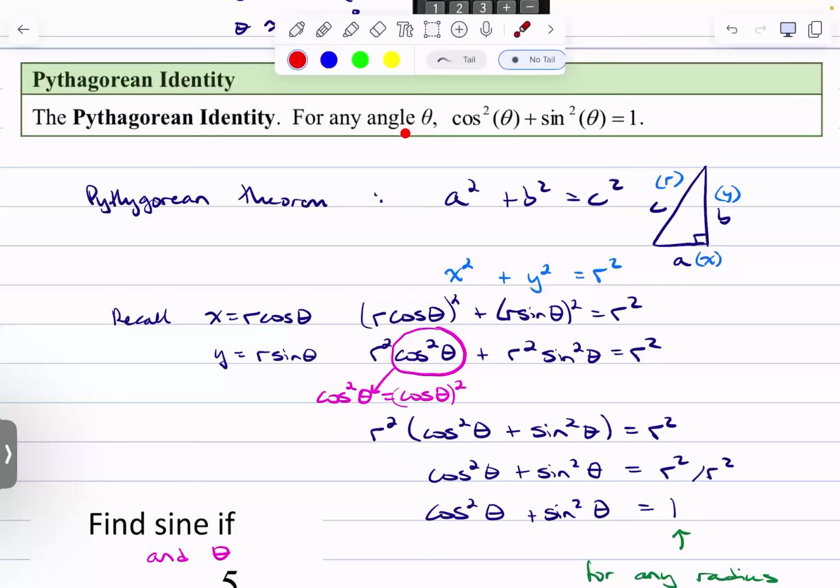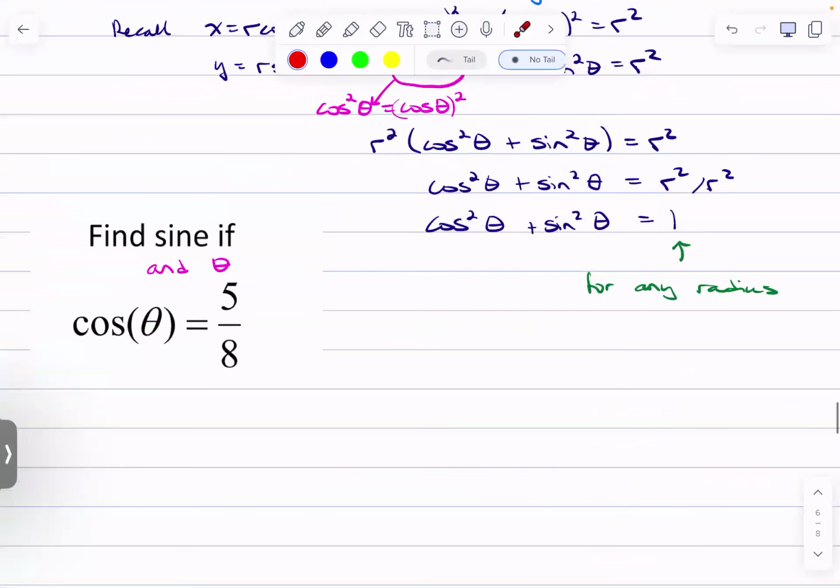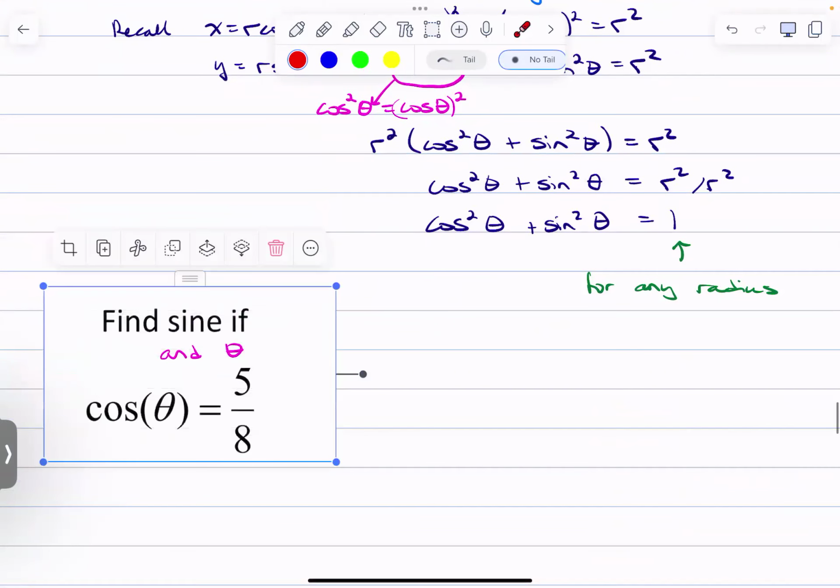So for any angle theta, the cosine squared theta plus the sine squared theta is going to be 1. And so this is what we call an identity, and it's something that you're allowed to use, and you can use it to manipulate problems, such as this one.